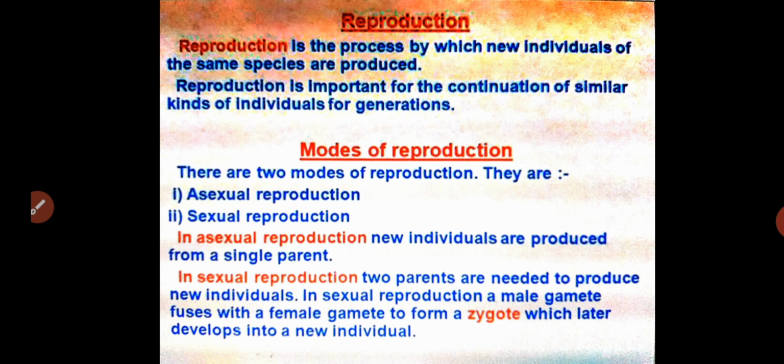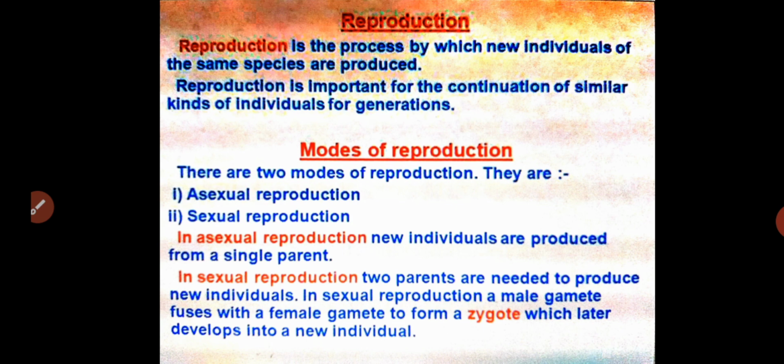There is no fusion of male and female gametes here. Next, coming to the second very important type of reproduction, that is sexual reproduction. So what is sexual reproduction? Sexual reproduction is a type of reproduction in which new organisms are produced from two parents, by making use of sex cells.